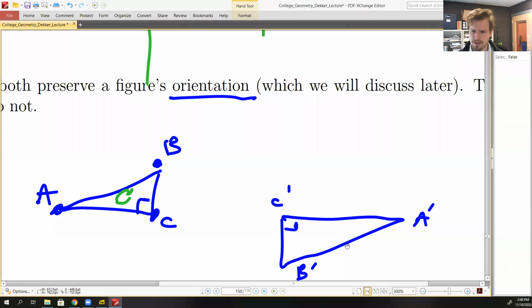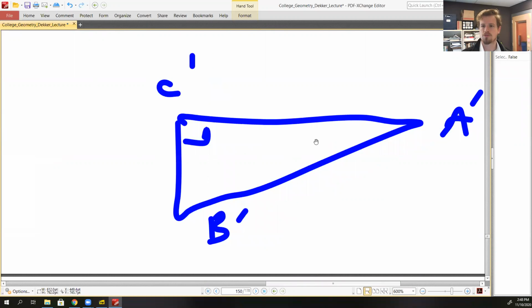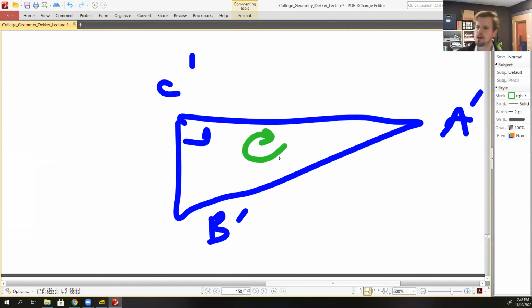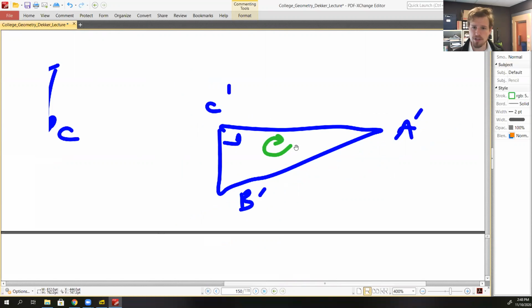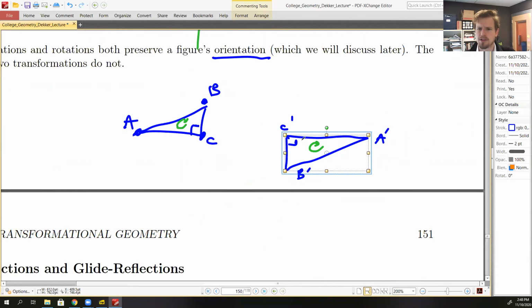And as we look at this one, if we do the same thing, travel A, B, C, right? The image A, B, C, we are still traveling clockwise. Excellent. So that's very convenient for us. If we were to consider maybe, well, let's see here. I'm going to move this down a little bit.